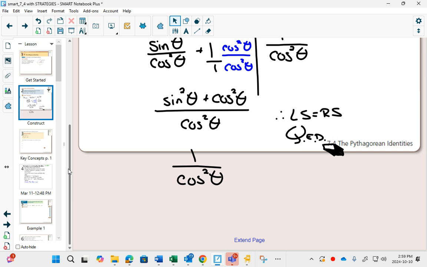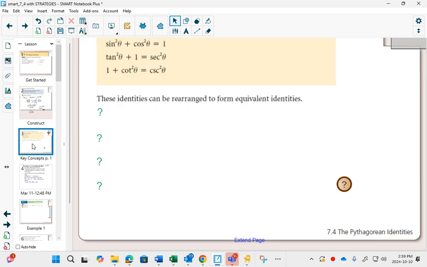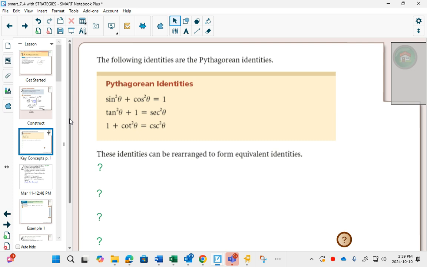So here we've done a proof, and now we could do the same thing with 1 plus cotangent squared equals cosecant squared. These are your Pythagorean identities. And you are allowed to use them at any time in a proof. Today our proofs get more difficult because we get more strategies.